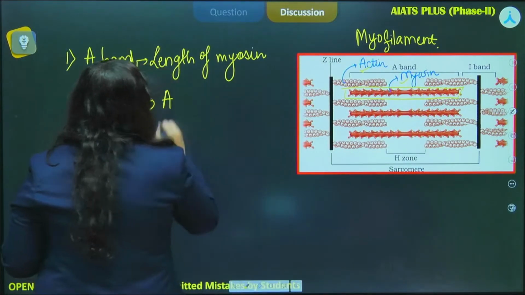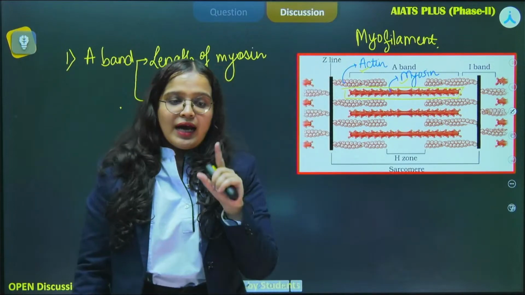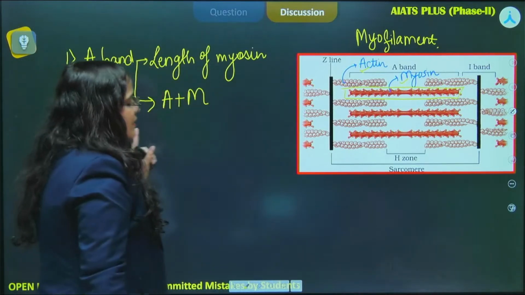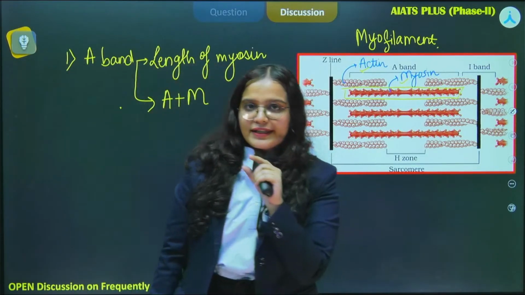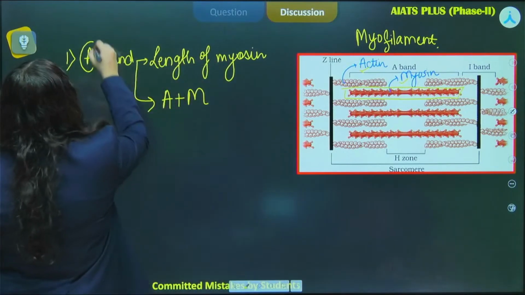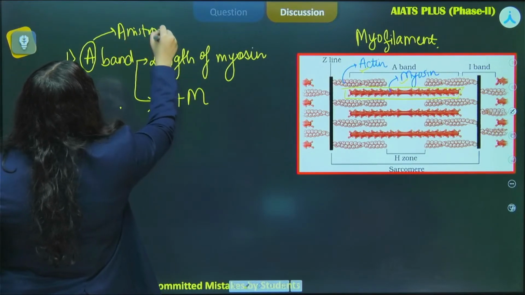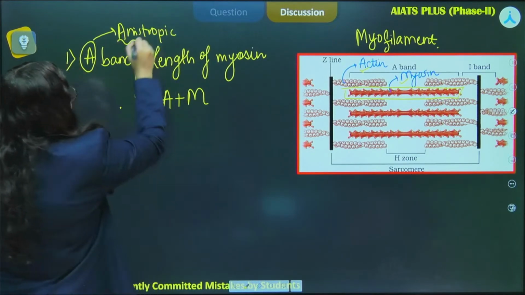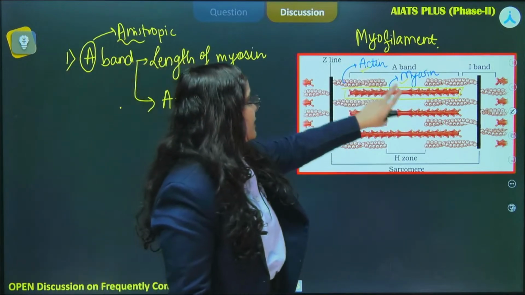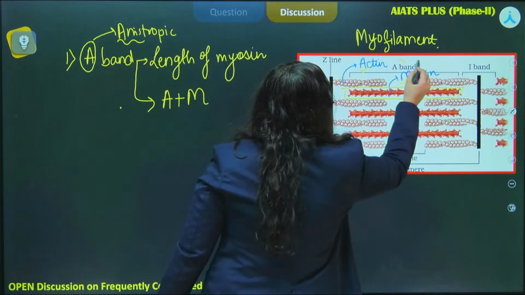So its structural component will constitute both actin and myosin. Further, since it is containing both actin and myosin, it is known as the anisotropic band. Aniso means uneven. So here the uneven factor is the actin and myosin, all right? So we have seen our A band.